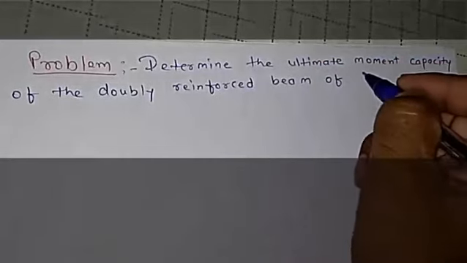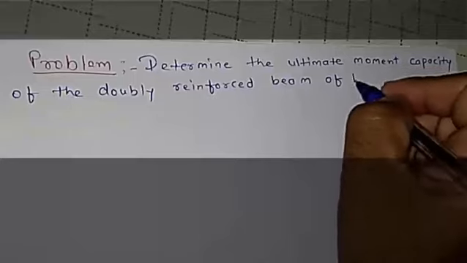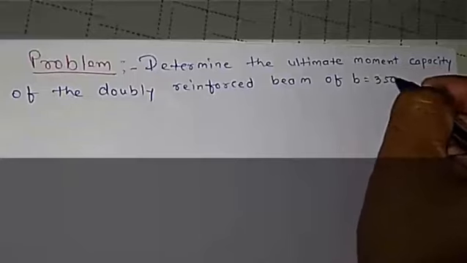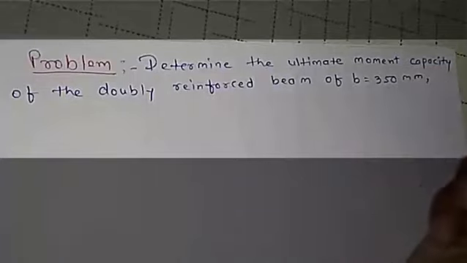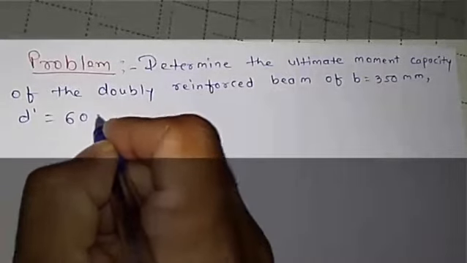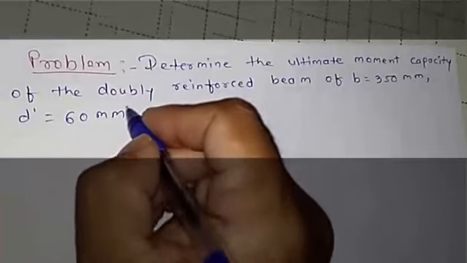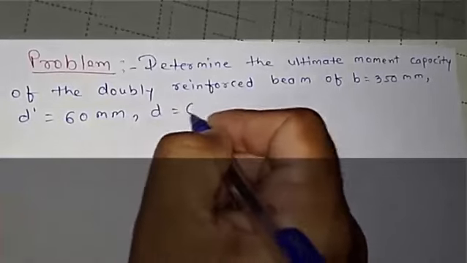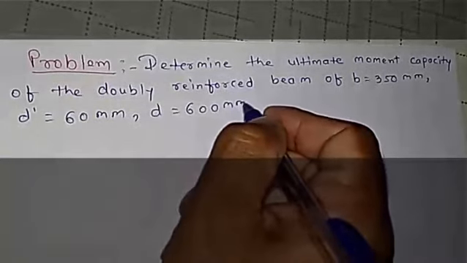of width, that is b, equal to 350 mm. Cover, that is d dash, is equal to 60 mm. Effective depth is equal to 600 mm.